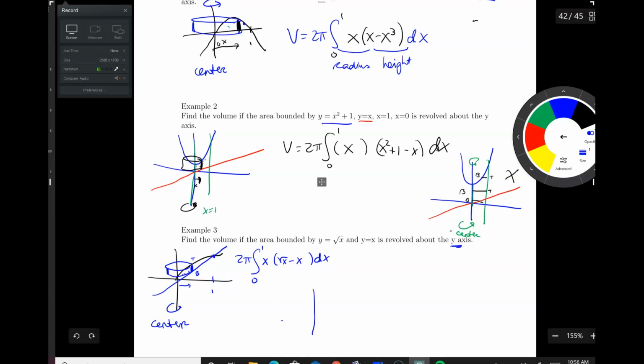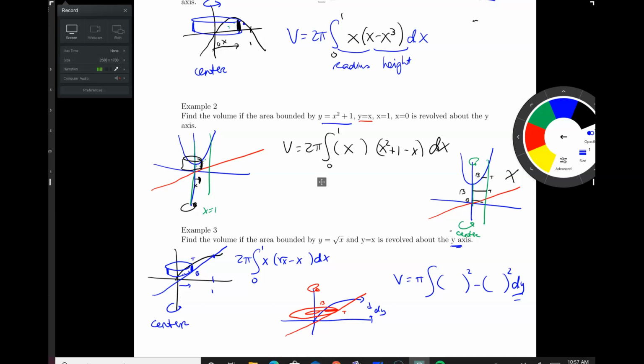All right, so let's just take a look at this again. Could I do this the other way? Could I do rectangles perpendicular to the axis of rotation? Yes, I could. They will always have the same top and the same bottom function. So that would get us into the shape of washers, pi times outside radius squared minus inside radius squared, dy integration, because the thickness of my rectangle is dy.